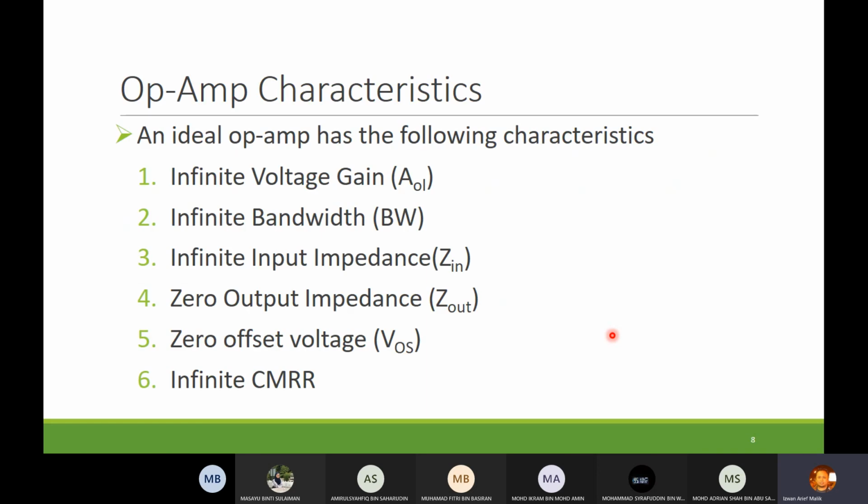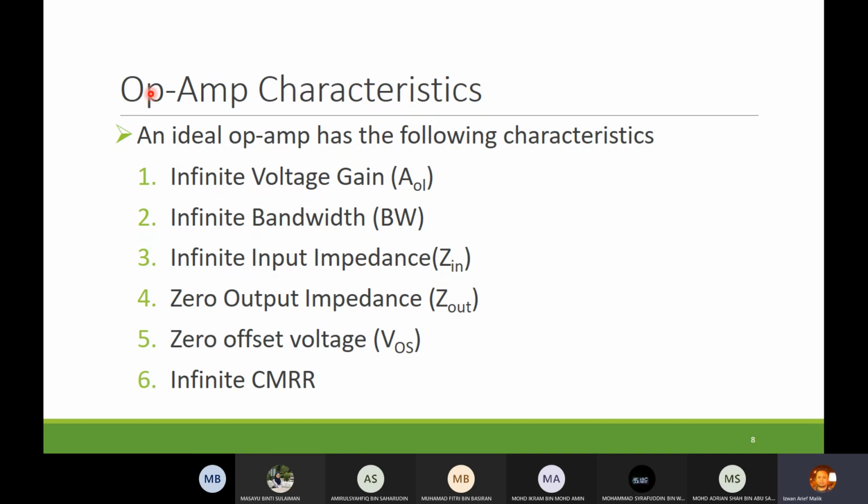So for an ideal op-amp, it should have the following characteristics. But this is ideal, meaning the best: infinite voltage gain AOL, bandwidth also infinite, input impedance also infinite, and output impedance 0. When output impedance is 0, your gain will be maximum. Zero offset voltage, the VOS, and CMRR infinite as well.